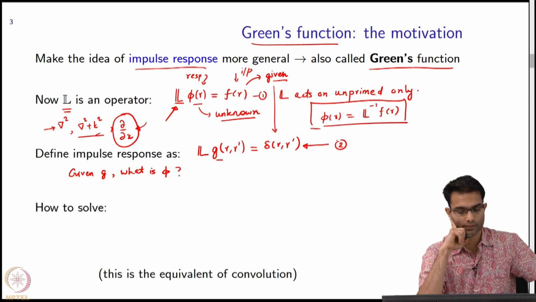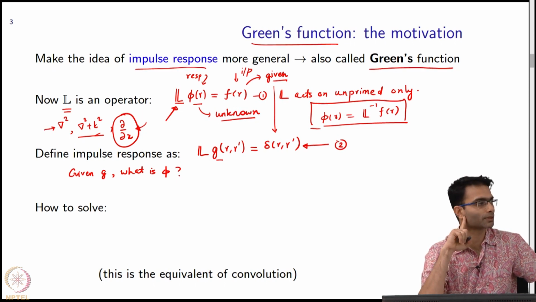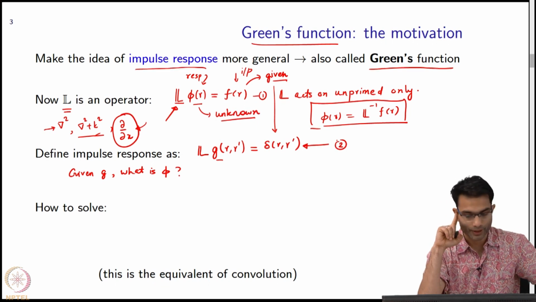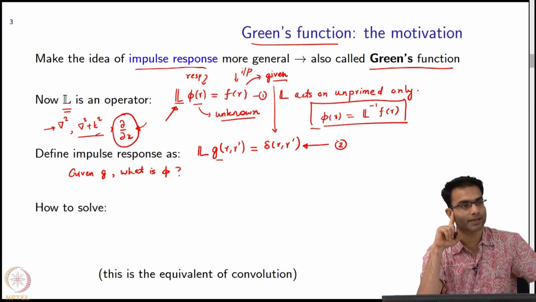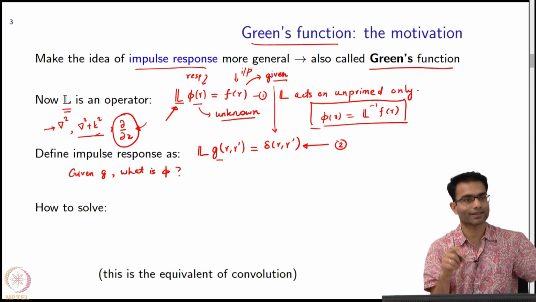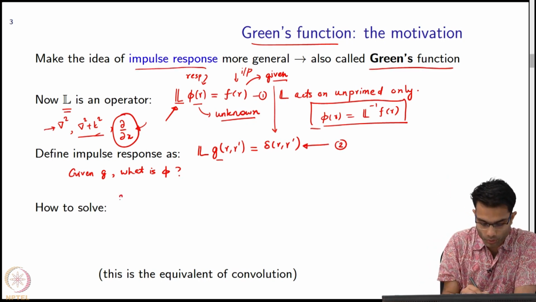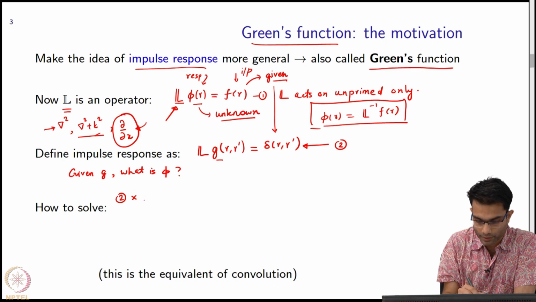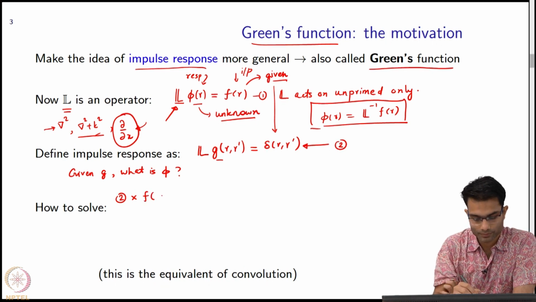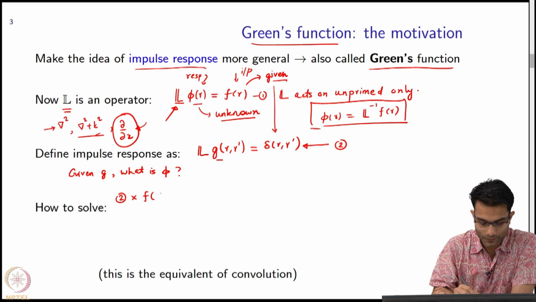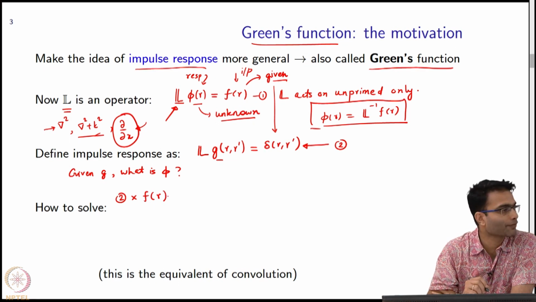Multiply. In fact, this answer is simpler. So I multiply the second equation by what? If I multiply the second equation by f of r, why? Exactly, he has the right idea. Let's start by saying let's multiply it by f of r.